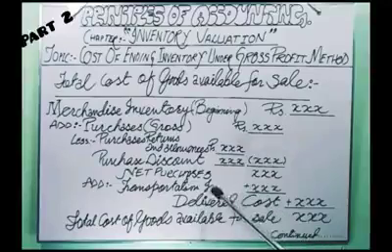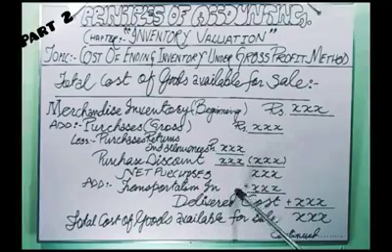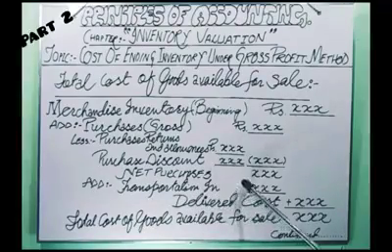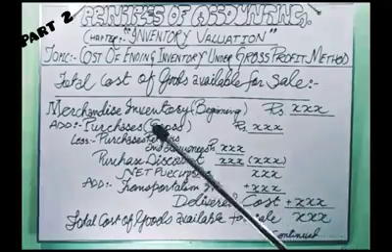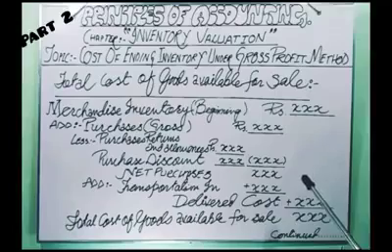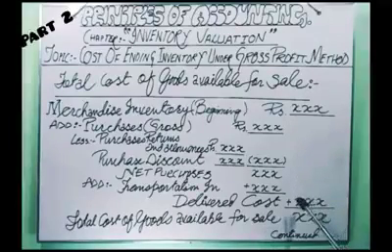The amount of money we have incurred in order to bring these purchases to our business premises is called transportation in. It will be added to the net purchases in order to get delivered cost. Delivered cost means the total amount of money which a businessman or a company incurs in order to bring the purchased merchandise from the supplier to the businessman's destination.